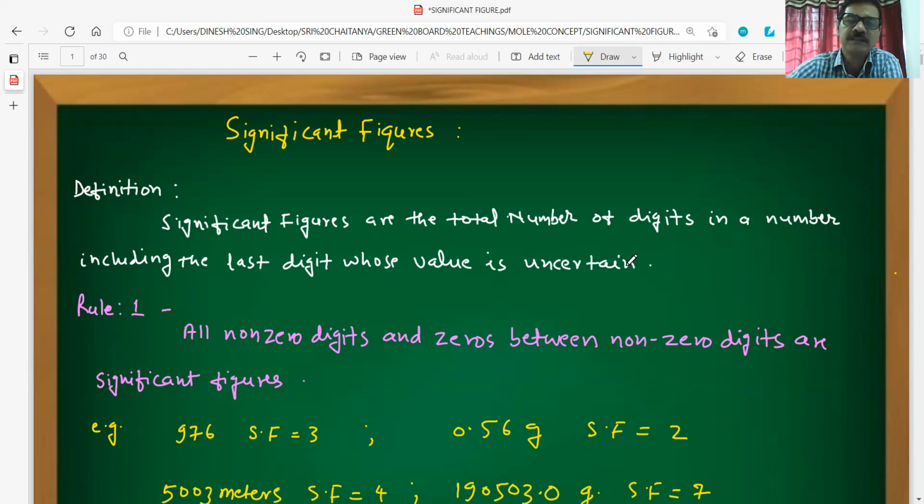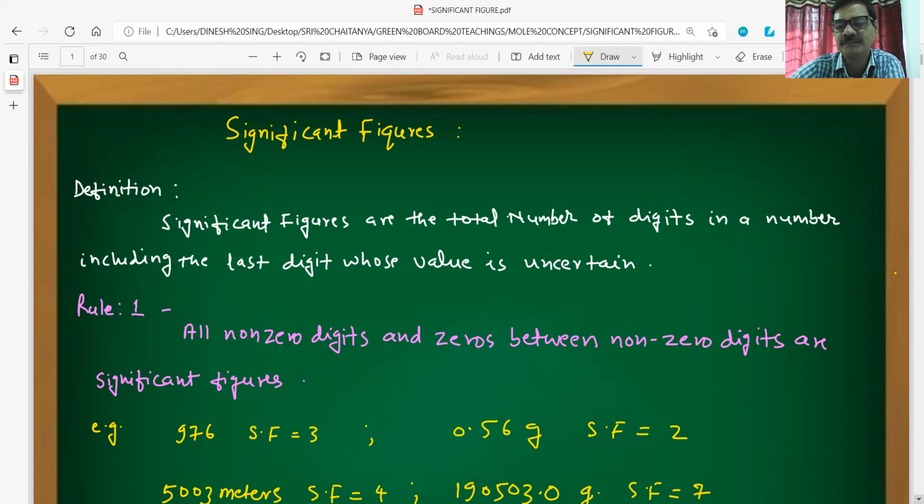That is, the last digit's value is uncertain, and now we have to count or determine the total number of significant figures in a given number. So for that we have rule 1: all non-zero digits and zeros between non-zero digits are significant figures.